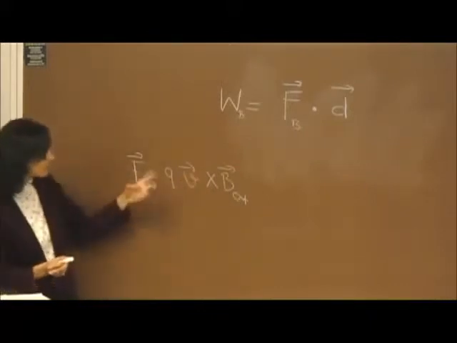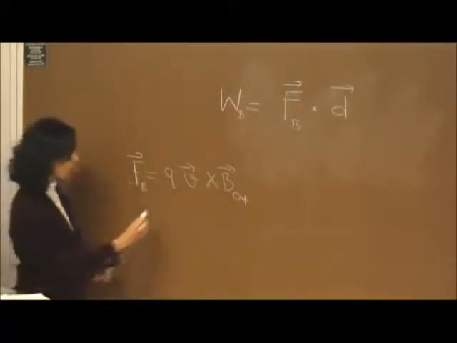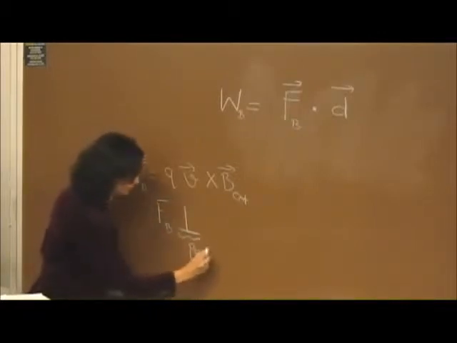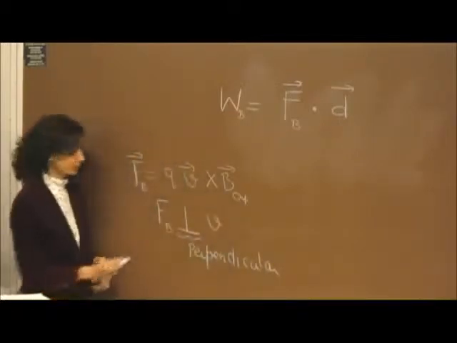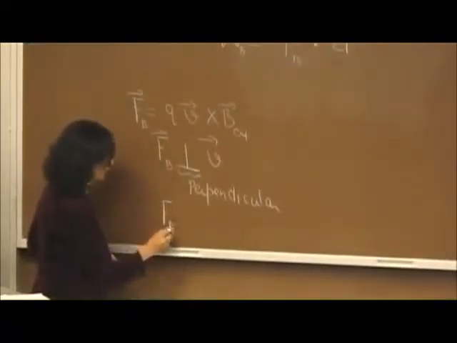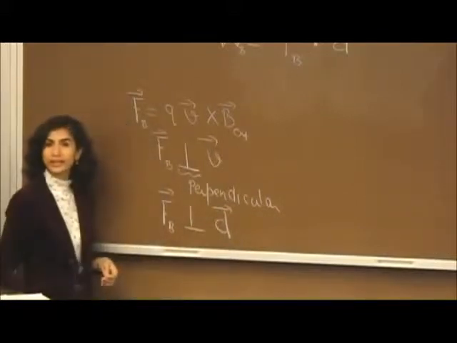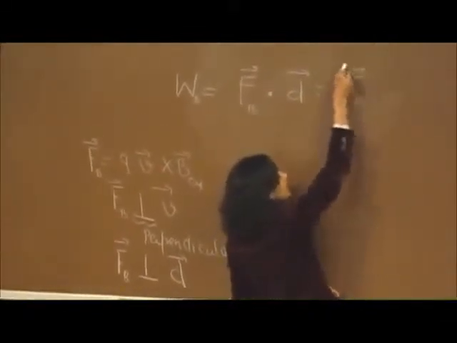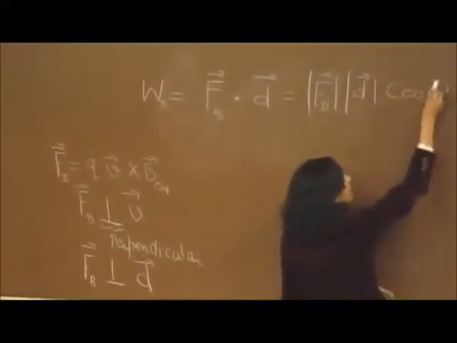On the other hand, look at this. Force is a cross product of velocity and magnetic field. So force is always perpendicular, this is a symbol for perpendicular, to the velocity vector. And this means that force is always perpendicular to the displacement vector, right? And if those are perpendicular, this thing will be magnitude of the force times magnitude of the displacement times cosine of the angle between the two.